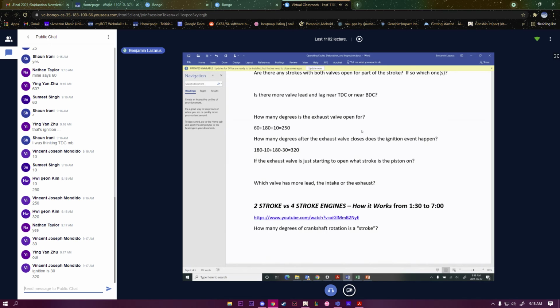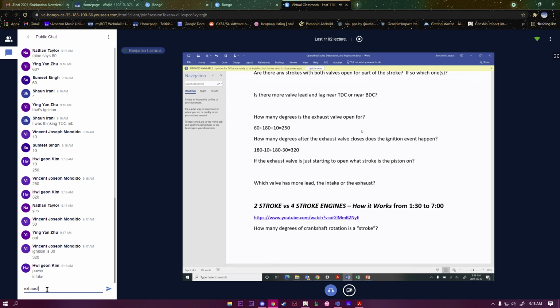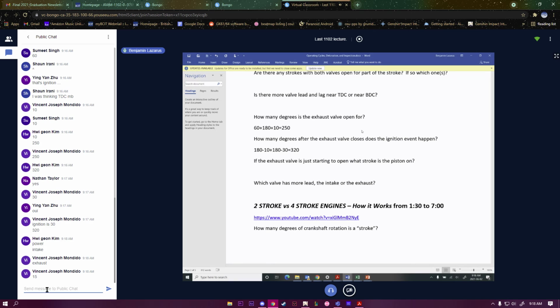If the exhaust valve is just starting to open, what stroke is the piston on? Power stroke. Yeah. Which valve has more lead, the intake or the exhaust? Okay, so how much lead does the intake valve have? 15 degrees before top dead center.